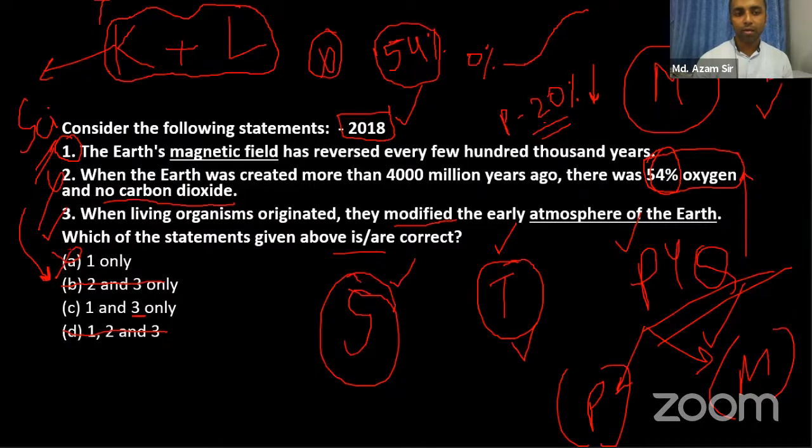So C is the correct answer over here. I was not sure whether statement 1 was correct or not, but with the help of statement 3, I came to realize that 1 and 3 are both right.